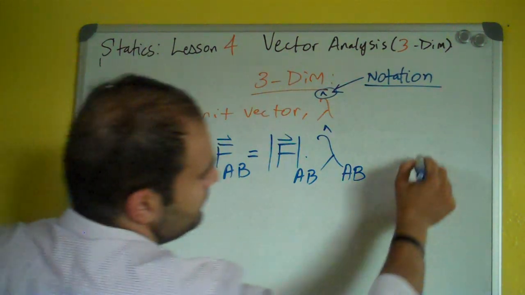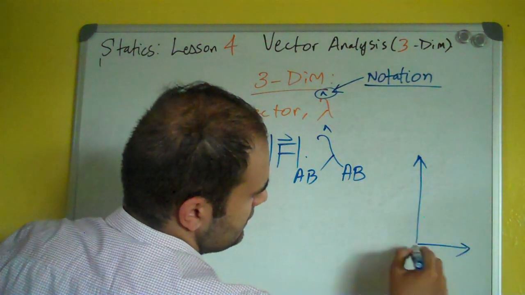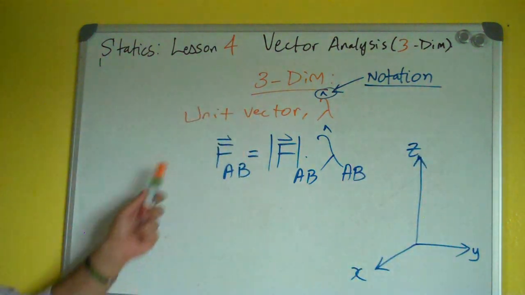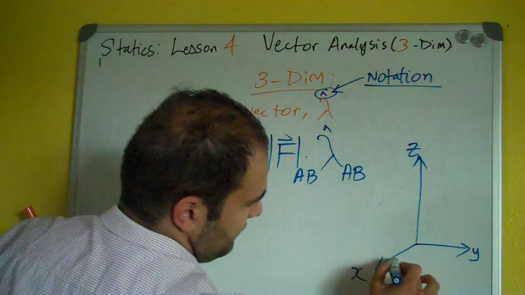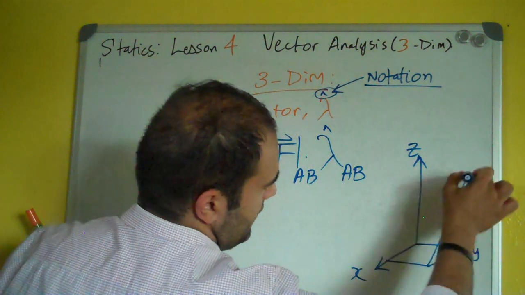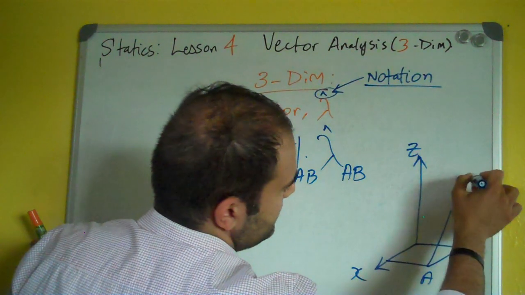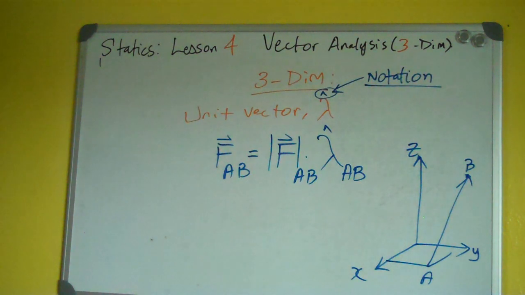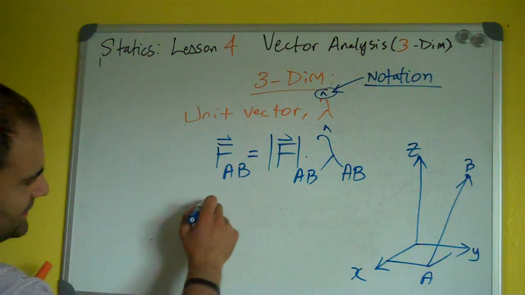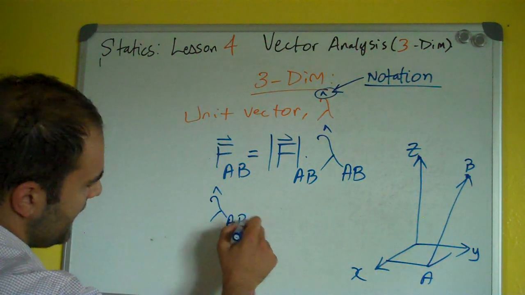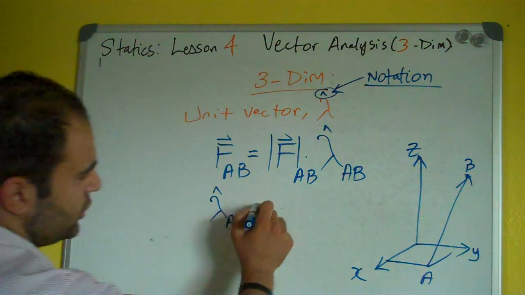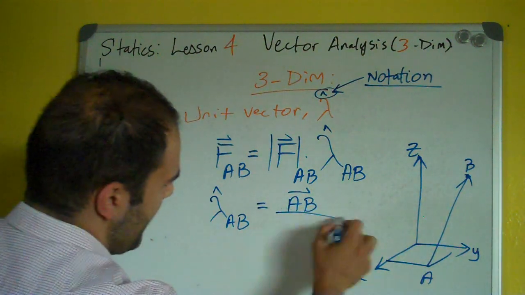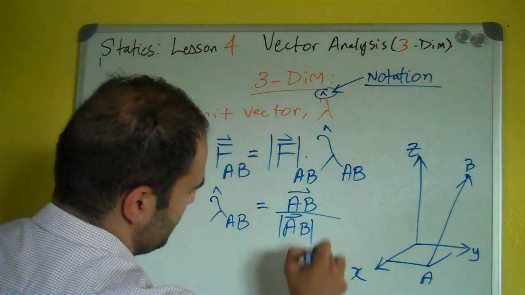And when I say AB, as we're doing 3 dimension, it could also be valid for 2 dimension. So if this is your A, this is your B, this is what I mean by unit vector of AB. And again, if you know what is lambda AB from calculus 3, that's good, which equals AB as a direction divided by AB as a magnitude.